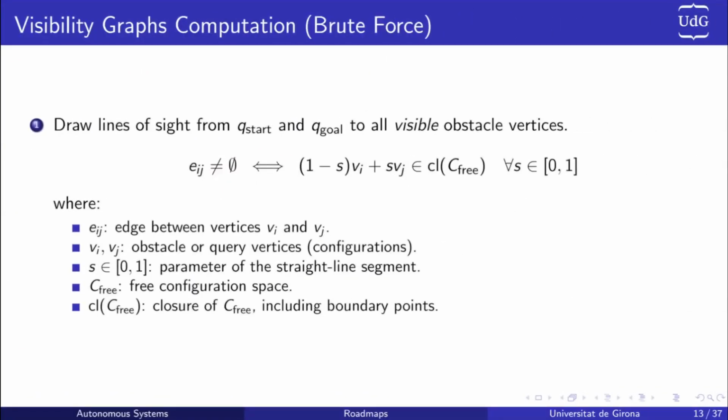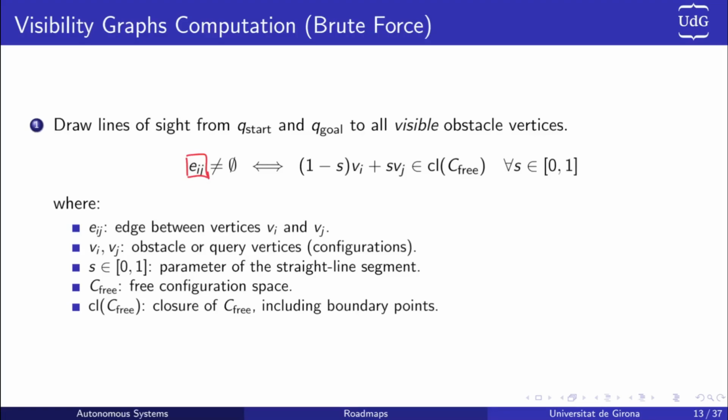First, let's see the brute force algorithm. Okay, the goal is to draw lines of sight from the Q start to Q goal and to all visible obstacle vertices. Okay, this is the main goal. And not only from Q start to Q goal, but between them also. The idea here is E sub ij, this is an edge, sorry. This is the edge that connects vertex i with vertex j.